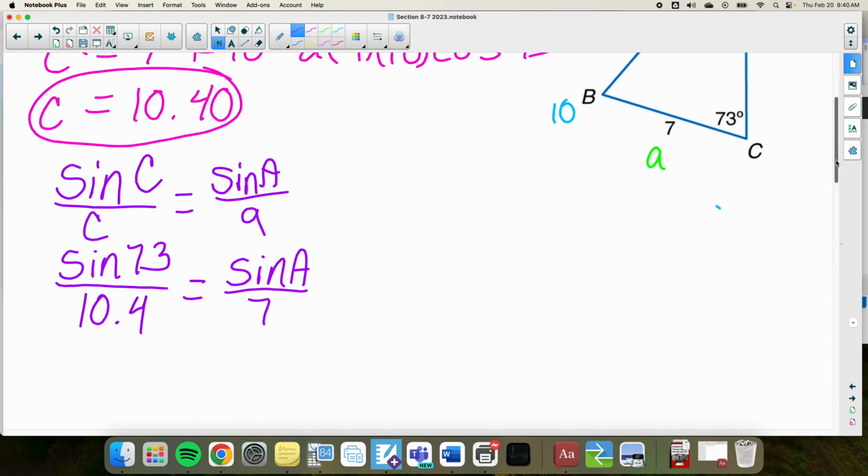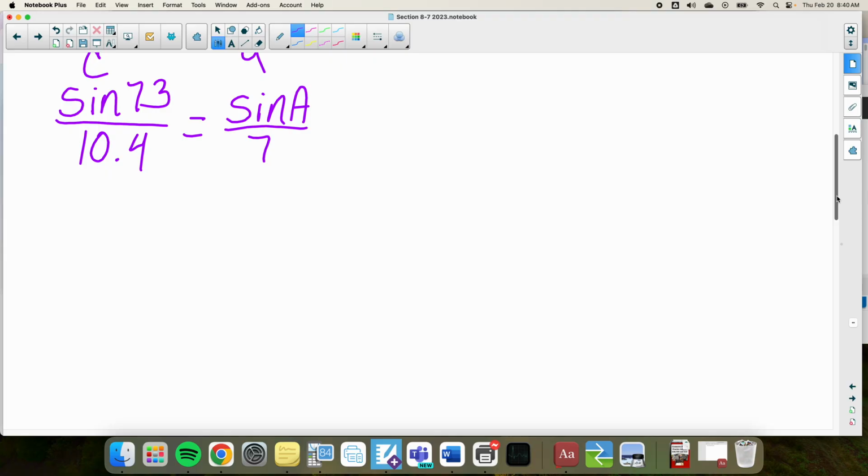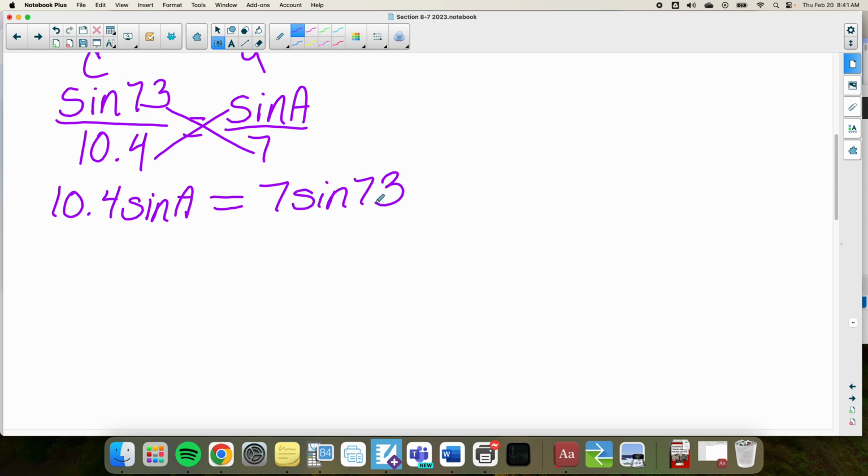Okay? So now I'm going to do cross products. And like I was telling you guys, I like to have the one with the sine of an angle I don't know on the left. You don't have to do it that way. And then when you multiply this, put the number in front of the trig function. So I'm going to write that as 7 sine 73. Then I'm going to divide by 10.4. And this is sine of A when I do it on my calculator, okay?